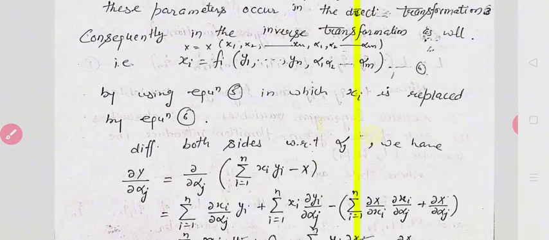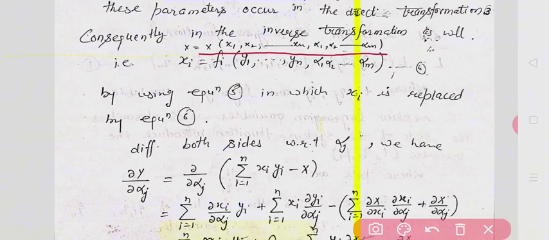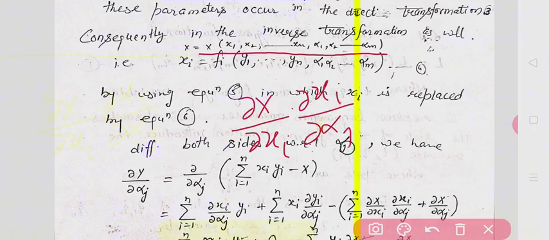Capital X is a function of x1, x2, x3, ..., xn and alpha 1, alpha 2, ..., alpha m. So curl x over curl alpha j, by using the chain rule, first we take the derivative of x with respect to xi into curl xi over curl alpha j, plus curl x over curl alpha j into curl alpha j over curl alpha j.